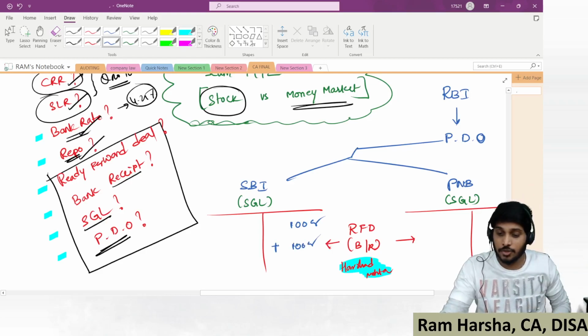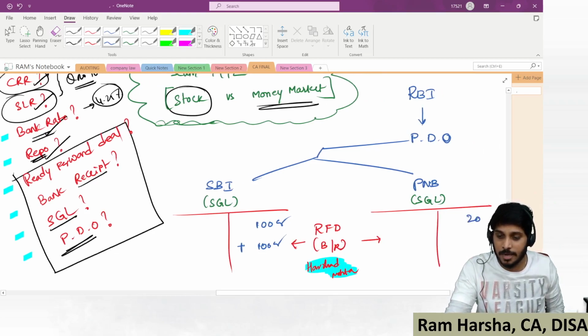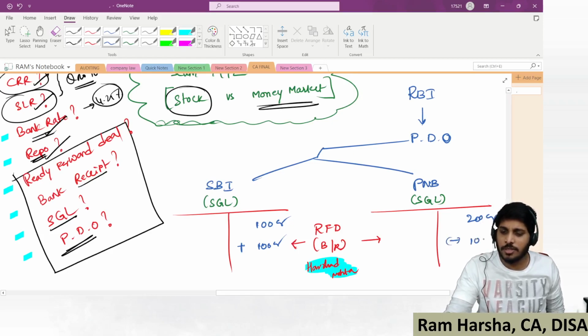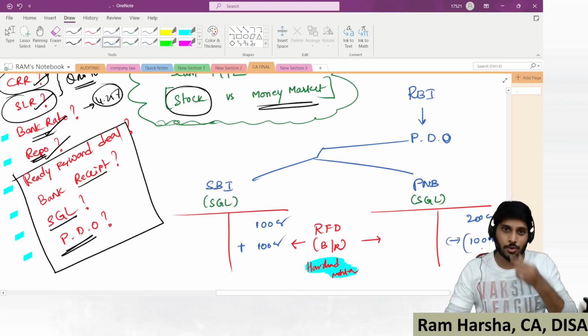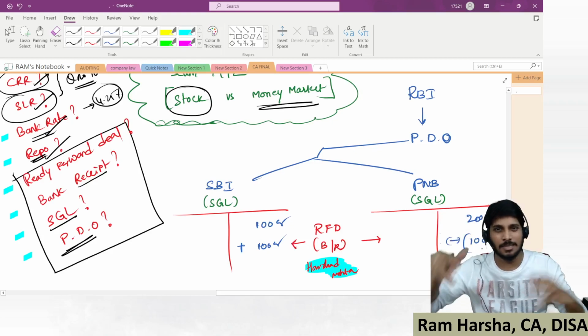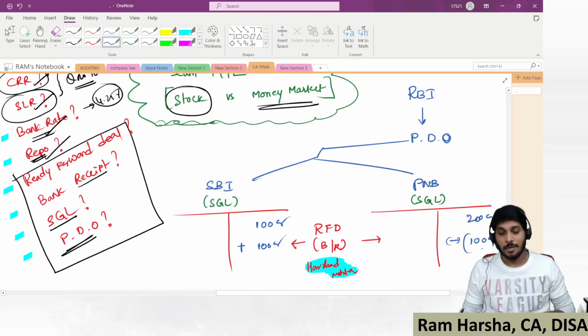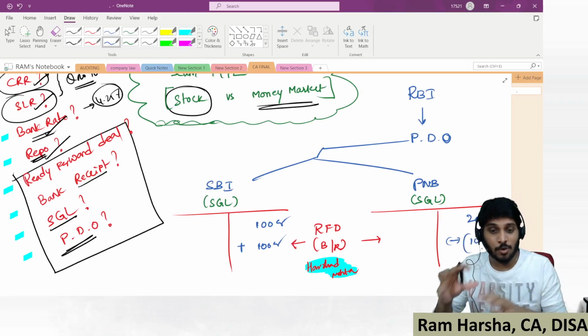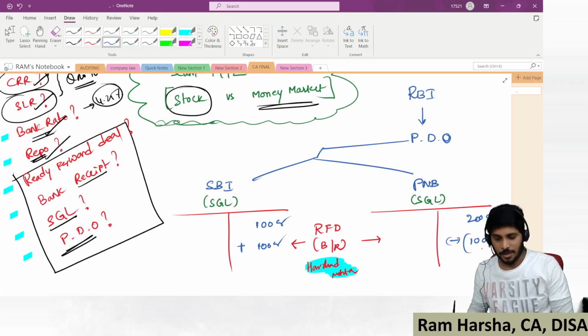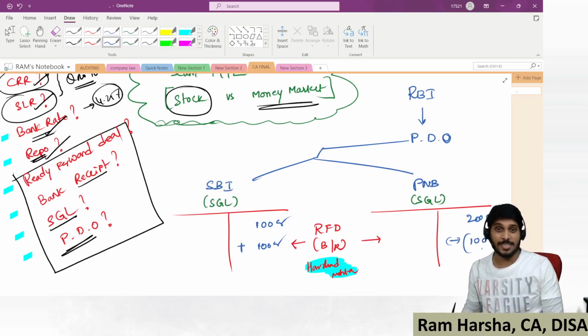Punjab National Bank originally has 200 crore, and now they want to remove 100 crore worth of securities. It's just the opposite. Just a small change in the previous example. I hope you understood, because I want to make you understand what happened exactly in the Harshad Mehta scam. Though I'm changing the numbers, I don't want to change the bank names.